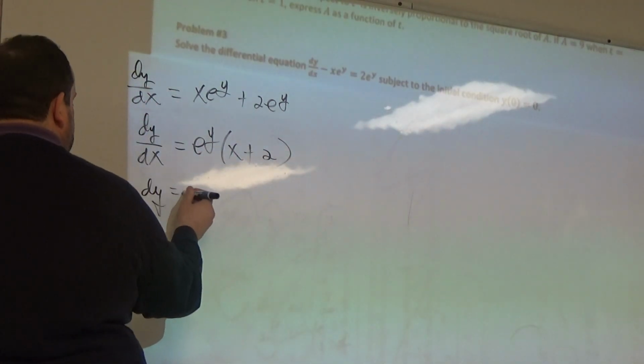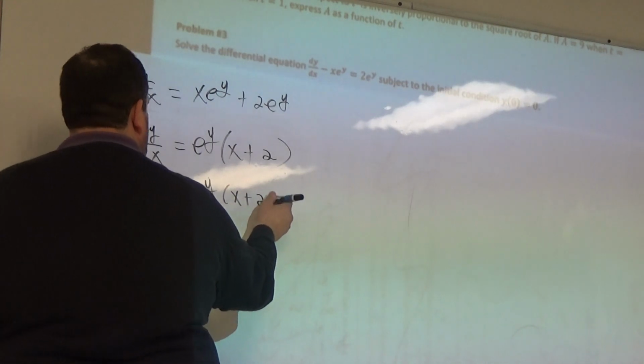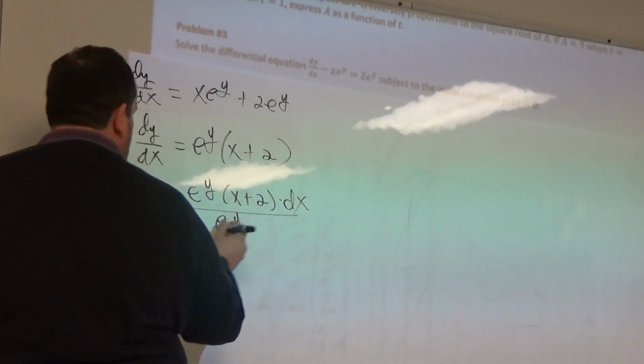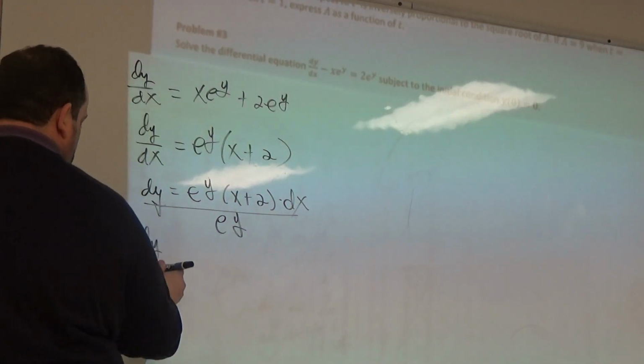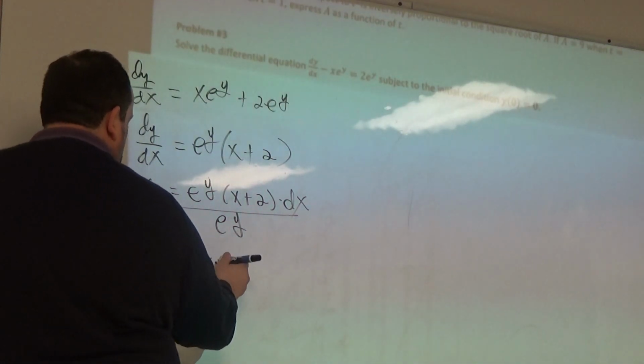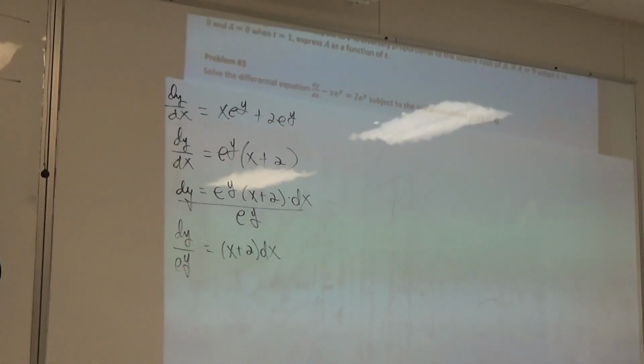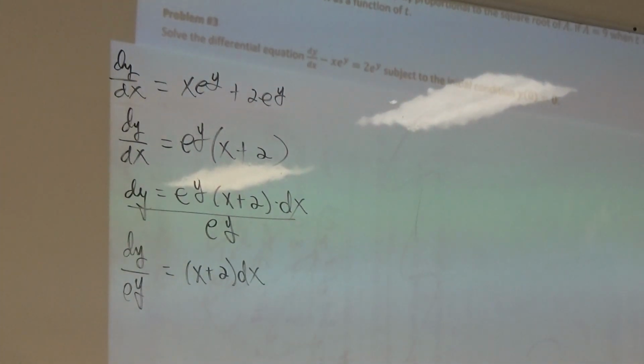Okay. So dy equals e to the y times x plus 2 dx. And I heard you say divide by e to the y. So dy over e to the y equals x plus 2 dx. I'm going to assume that now that we're here, most of you are fine with finishing it off. So take it from here.